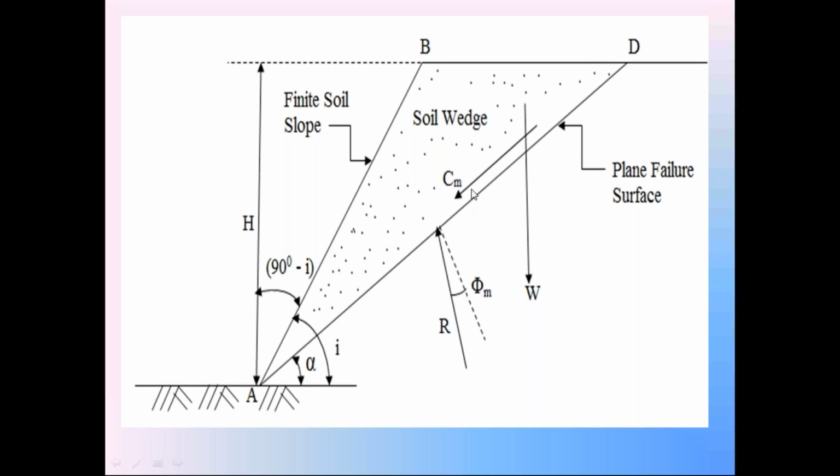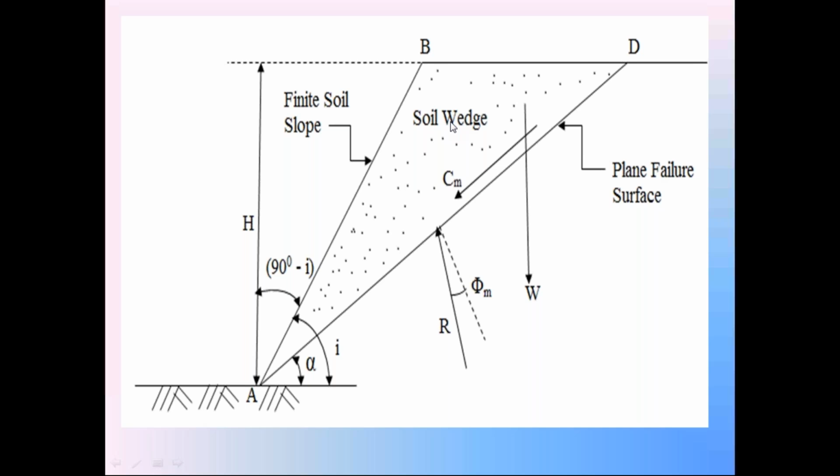The third force: in the failure condition, the soil wedge is moving along the surface AD only. The soil wedge is not moving in the direction perpendicular to the failure surface AD. Since this soil wedge is not moving perpendicular to surface AD, the surface AD applies the reaction force R on this soil wedge.